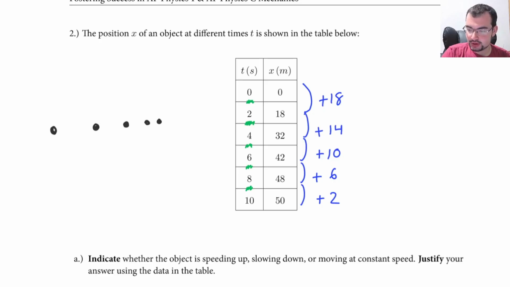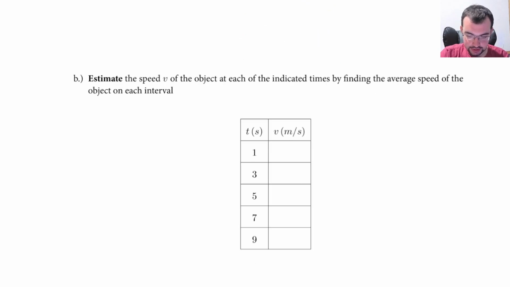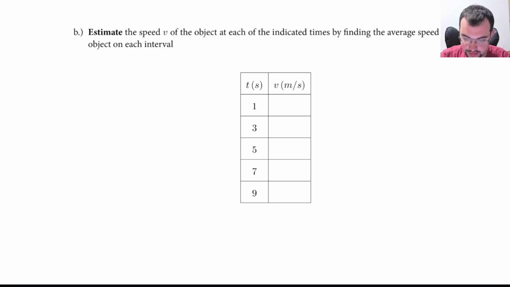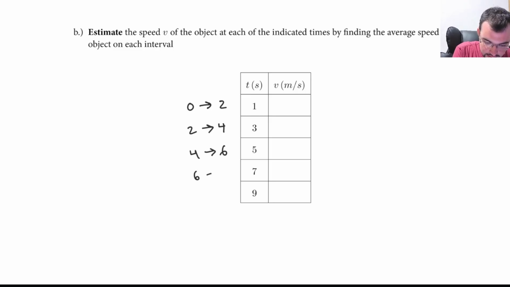So if we just do a bunch of d over t's for these intervals, we can get a pretty good estimate, at least hopefully. Here we're looking from 0 to 2, then 2 to 4, 4 to 6, 6 to 8, 8 to 10. So we're just doing the slope on these intervals.